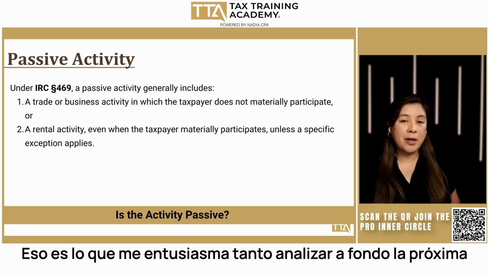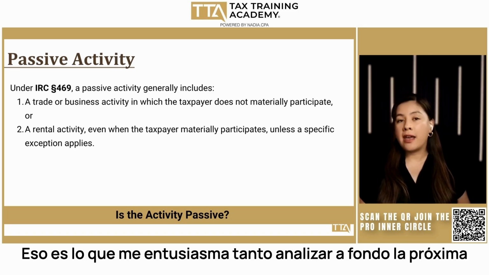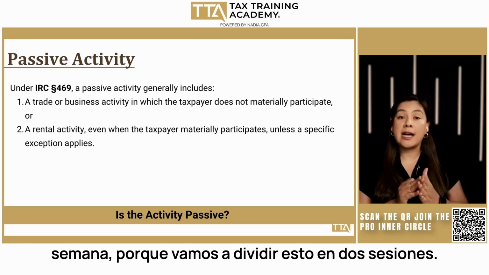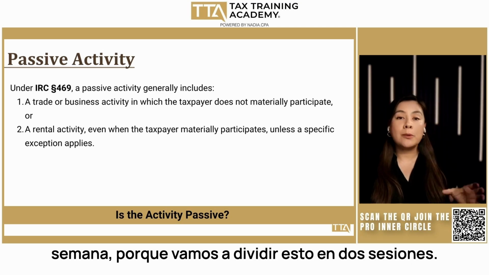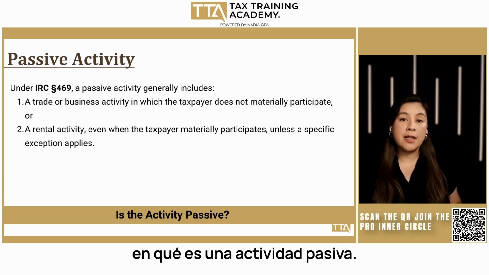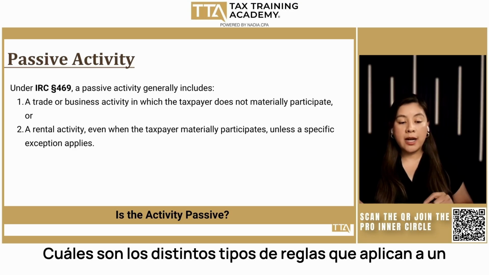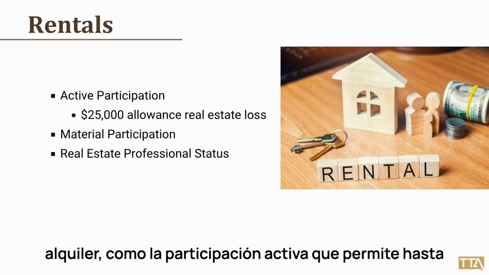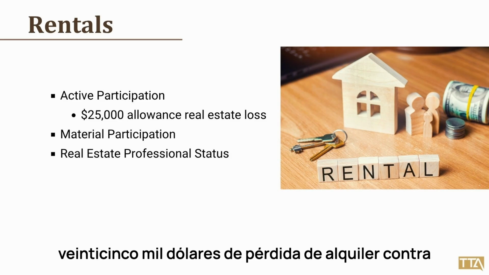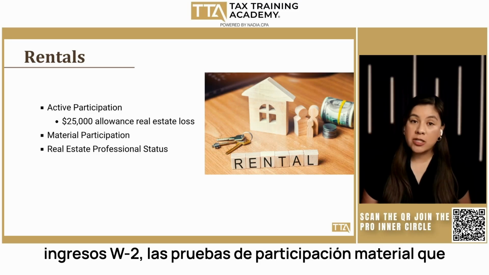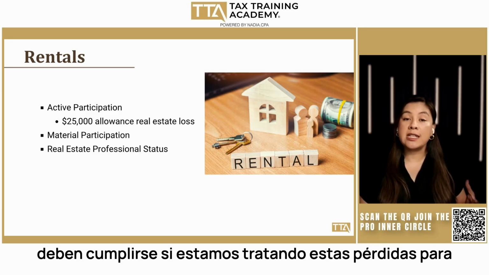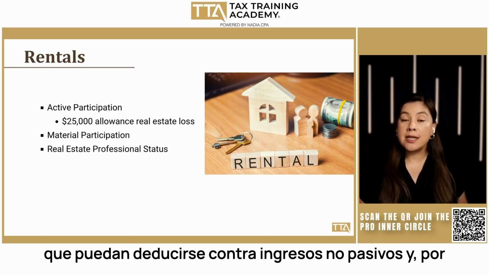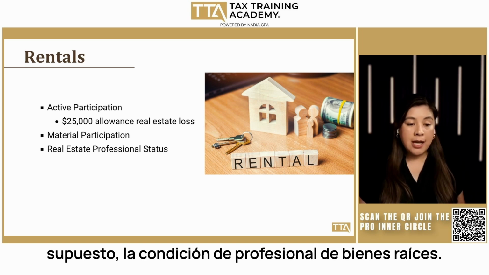That's what I get so excited about deep diving into next week, because we are going to break this out into 2 sessions. One, we're really just going to dive into what is passive activity, what are the different kind of rules that come with a rental, like the active participation, allowing a $25,000 rental loss against W-2 income, material participation tests that have to be met if we're treating these losses to be able to be deducted with non-passive income, and then, of course, real estate professional status.